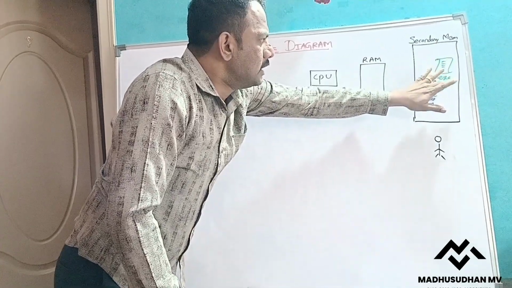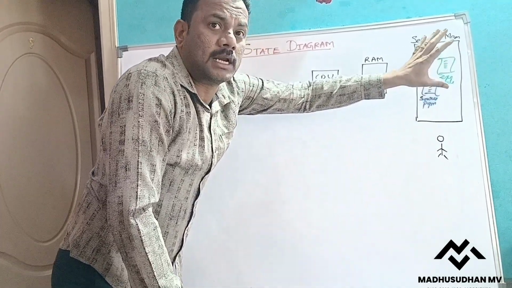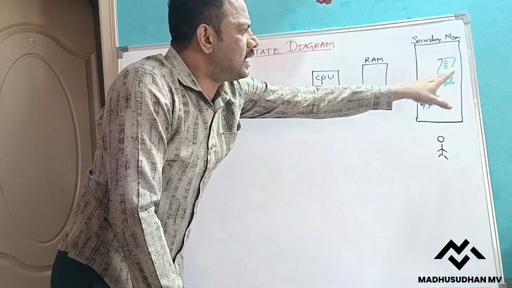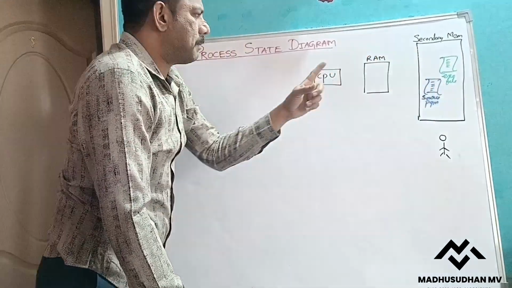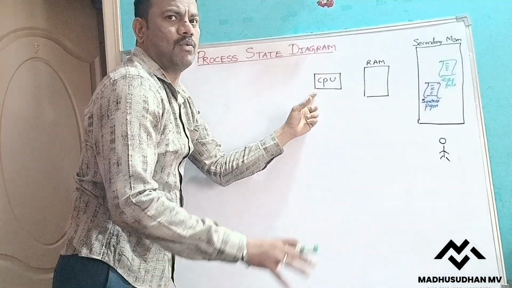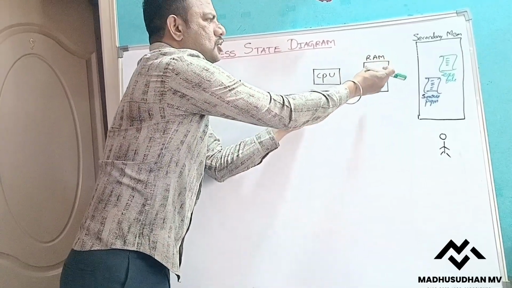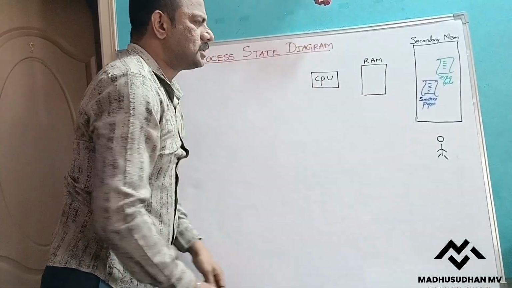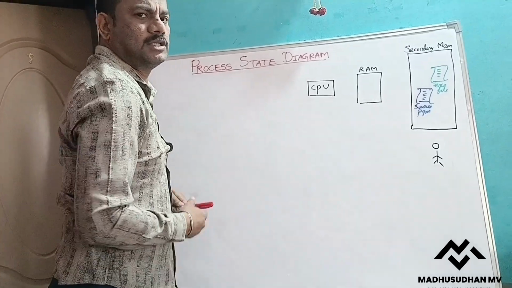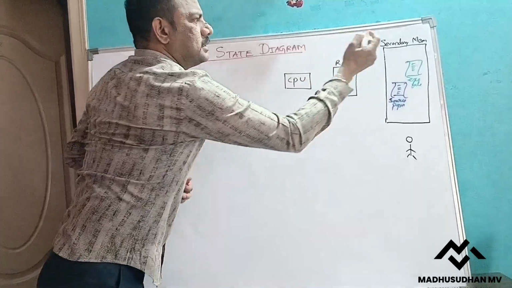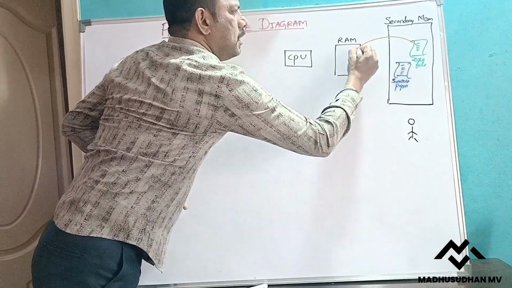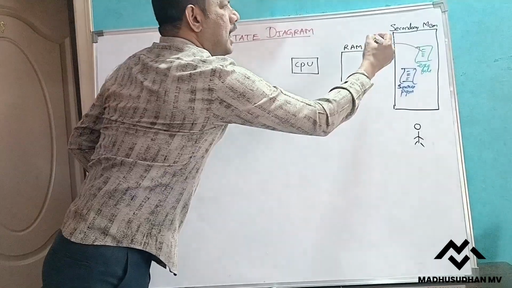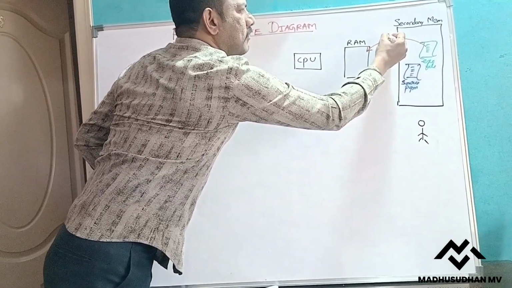Now this file is ready to execute, but still it is in the secondary memory. But our processor, the CPU, can take data or instructions only from main memory, that is our RAM. So somebody has to move this file from the secondary memory into the main memory, and that is done by our operating system.